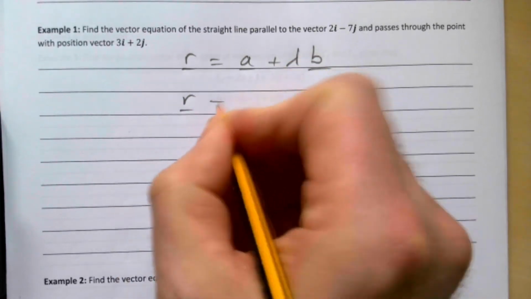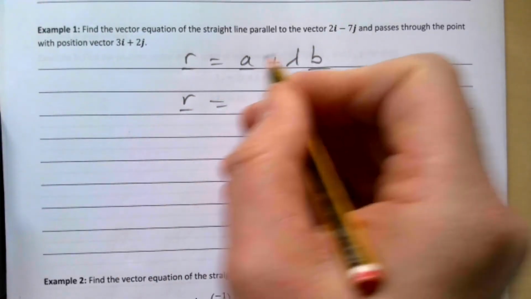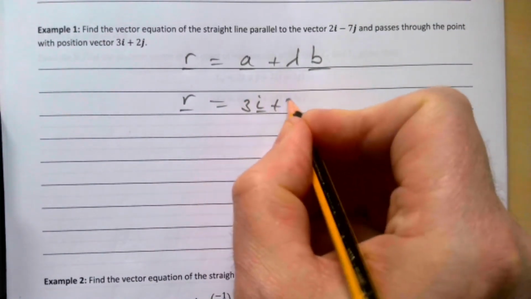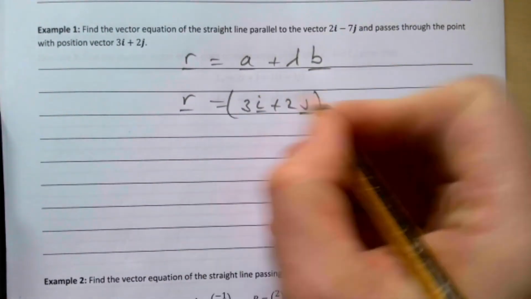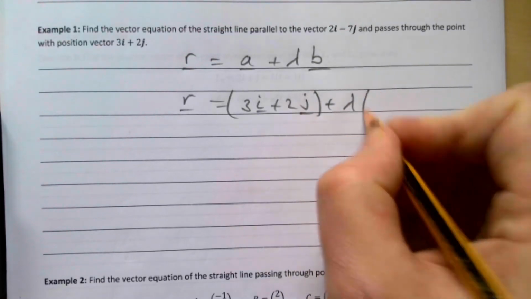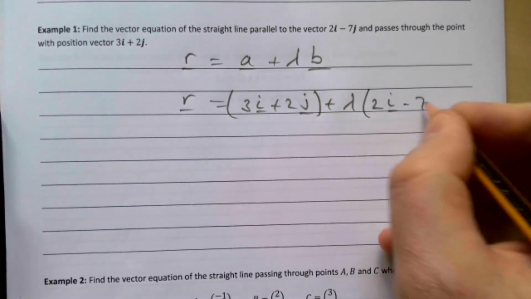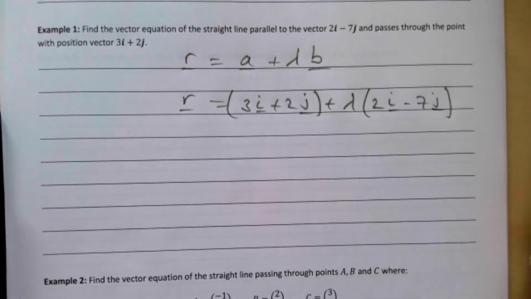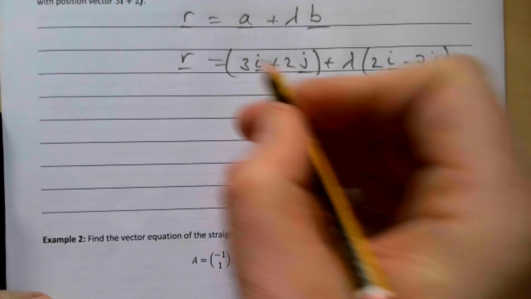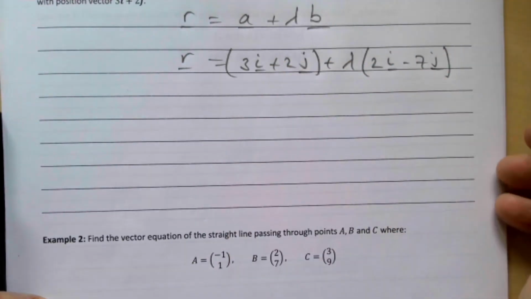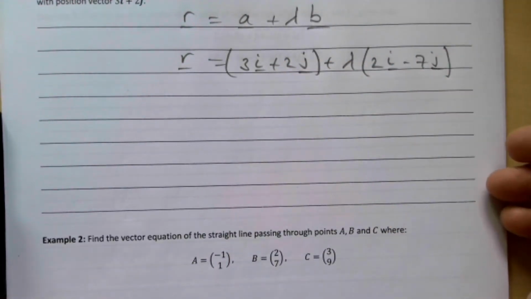So r equals, this is a point on the line, so 3i plus 2j, plus lambda times, it's parallel to this one, 2i minus 7j. That's your answer, done. You can write that in column form if you wish, so you'd have 3 over 2 here, and then 2 and minus 7, and you're done.